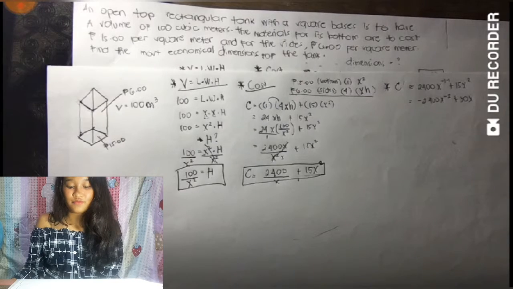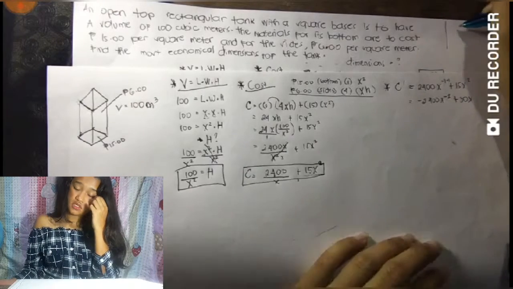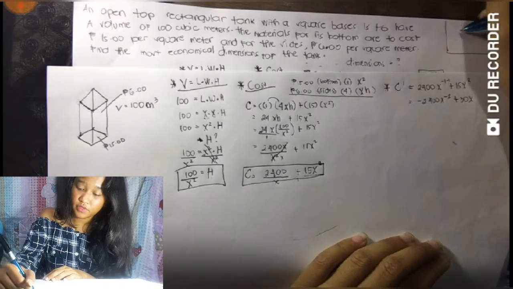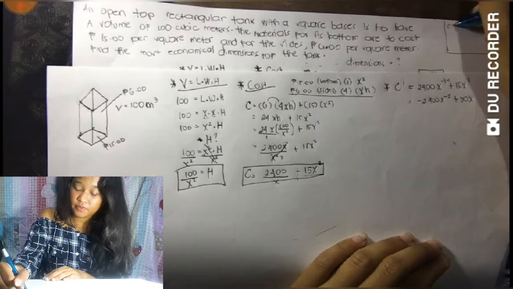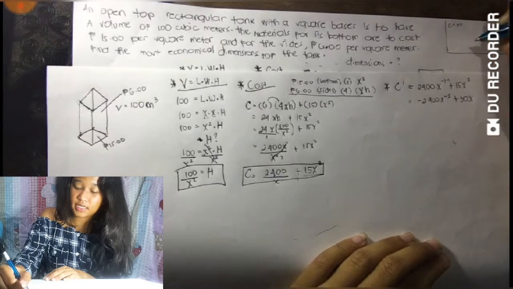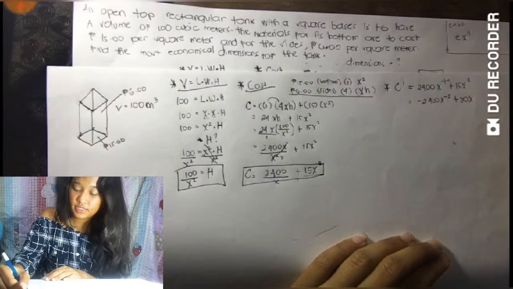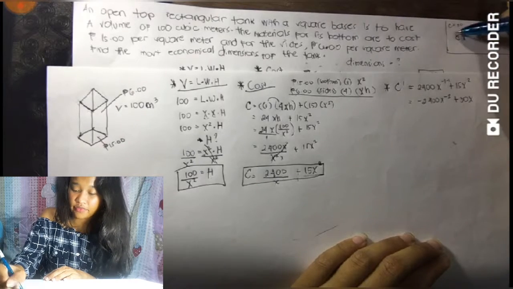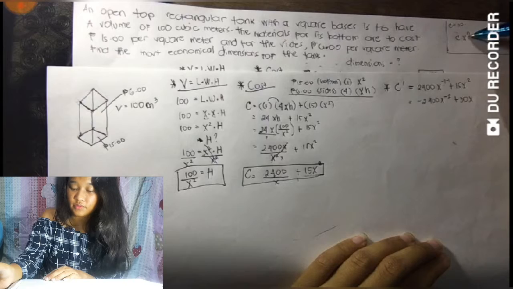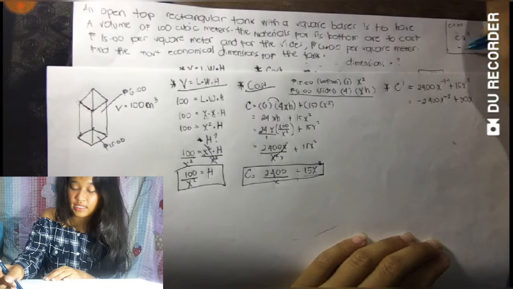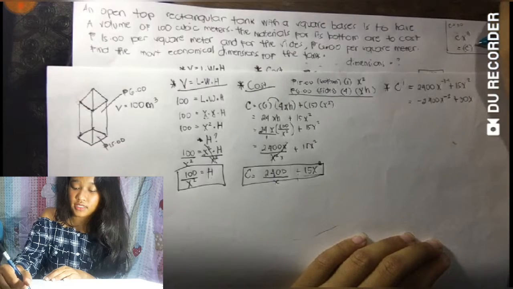Maybe you're confused on how I did that. And for those who don't yet know how to have that derivation, you can just bear in mind that, for example, C stands as the number, so you can have C x to the power of n, wherein the C stands for the 2400 x, then n is the exponent.